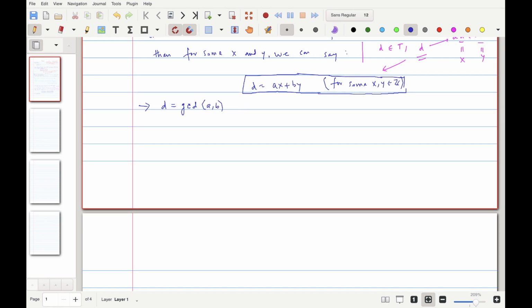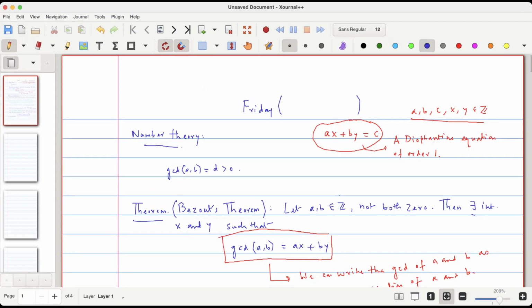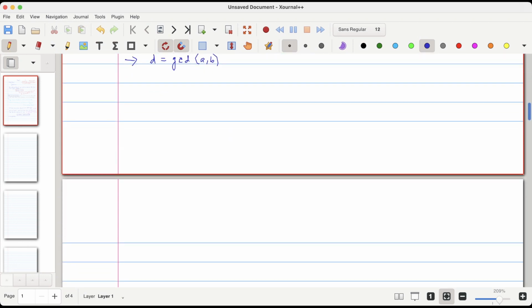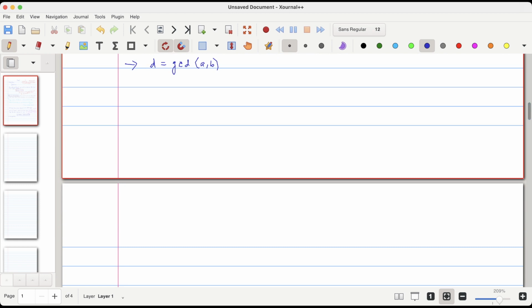We have considered D to be the GCD. How does that actually help us? Because we want to show that D is the GCD. When can we say that a number is the GCD? Under which conditions can we say that a number is the GCD?